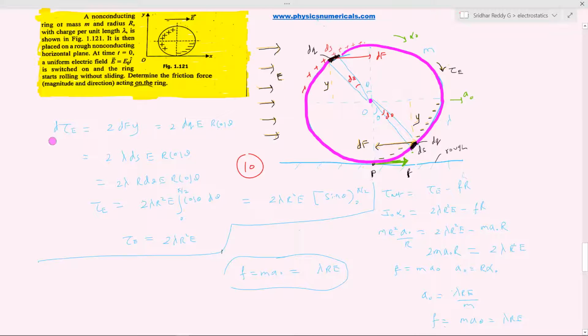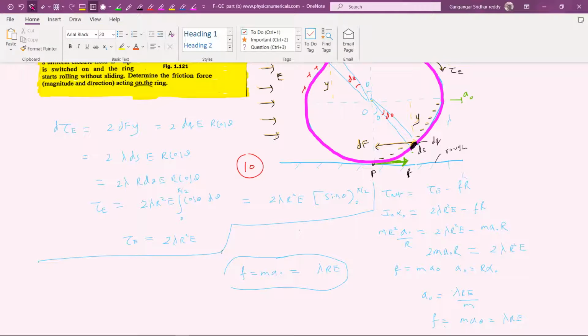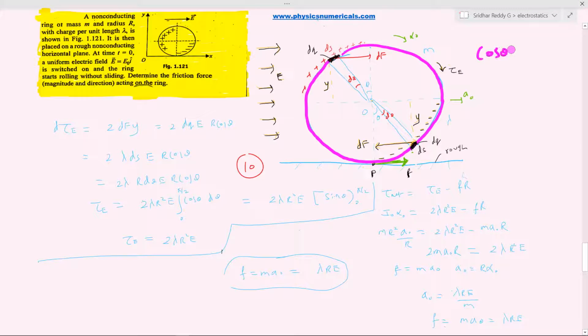Let's calculate the torque due to the electrostatic force: dF into y, where y is the perpendicular distance. If you look at this triangle, cos theta equals y by r, therefore y is equal to r cos theta.